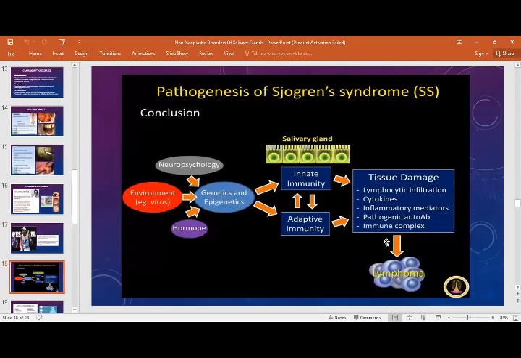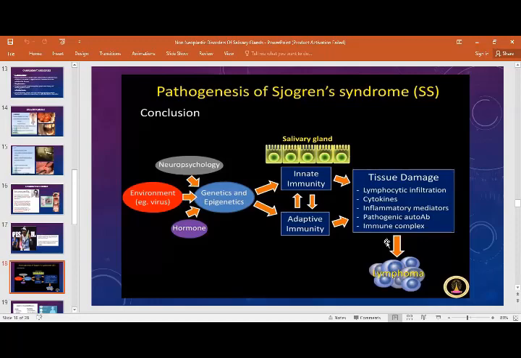Now coming to the pathogenesis of Sjogren syndrome, there are multiple factors taking part in the pathogenesis. One of the important things is that, as we have seen, autoimmune diseases don't have any specific cause.